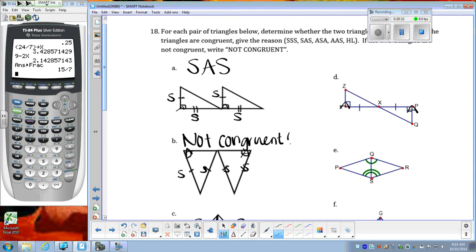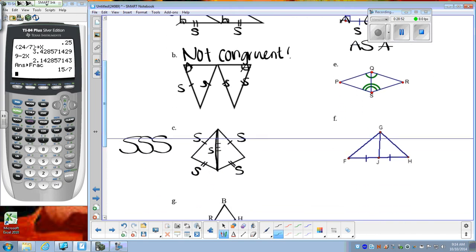Sorry, I'm trying to figure out letter D since what that letter is there. So I just drew over it. I have YX congruent to XP, so there's another side. Then I have the vertical angles. So these two triangles are congruent by angle, side, angle.